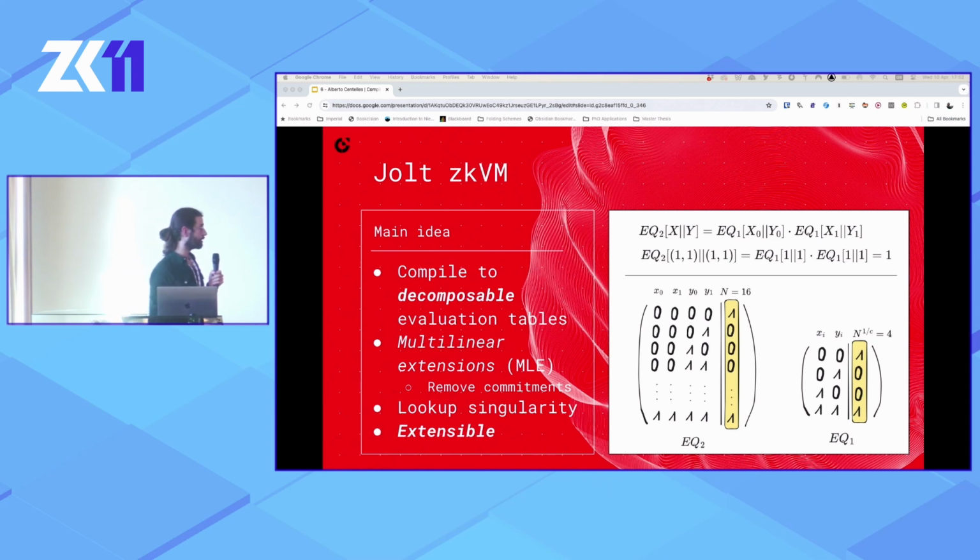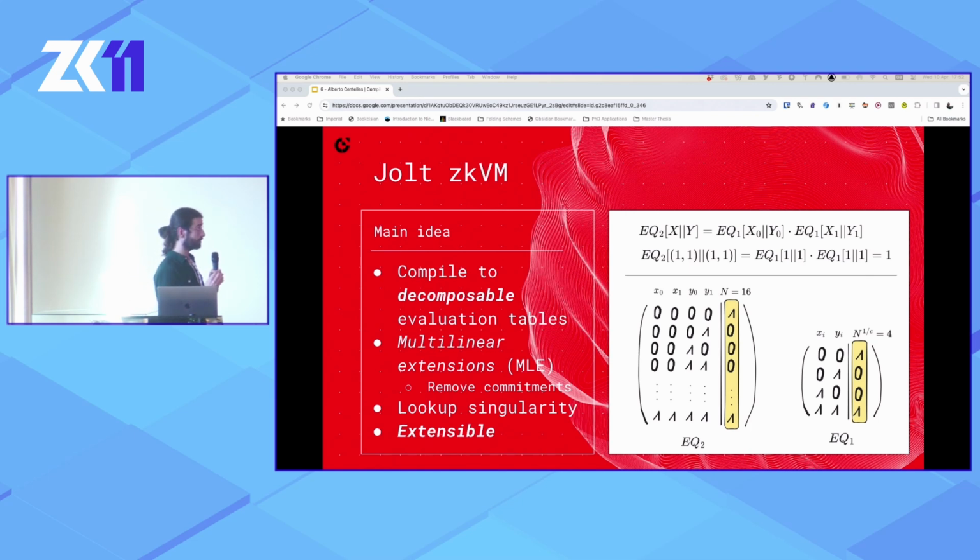They also use the notion of multilinear extensions to remove the commitments. So now for these small chunks that we have split, we can create a multilinear extension of that chunk, and if the verifier wants to compute it, they only need to do, I think, work logarithmic in the size of the chunk only.